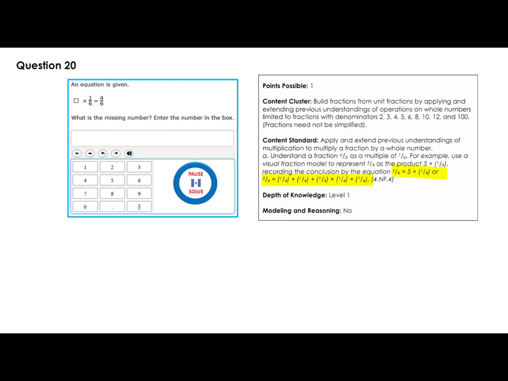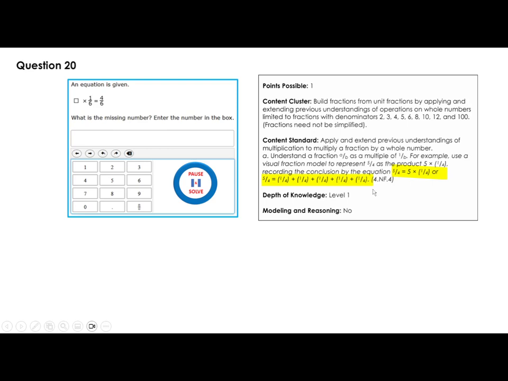An equation is given, blank times 1 over 6 is equal to 4 over 6. What is the missing number? That is a very easy question, because if you multiply 4 times this, you get 4 over 6. 4 times 1 over 6 means 1 over 6 plus 1 over 6 plus 1 over 6 plus 1 over 6, 4 times, right?